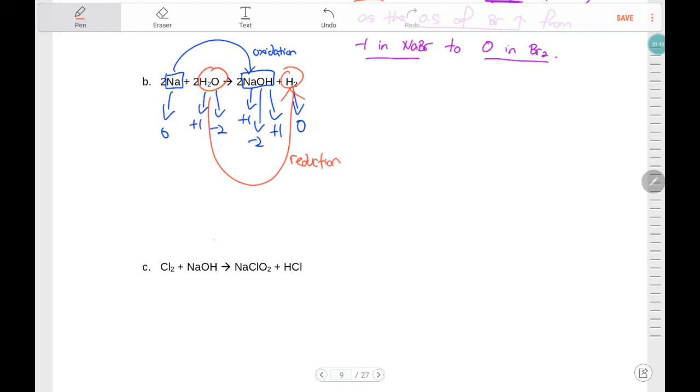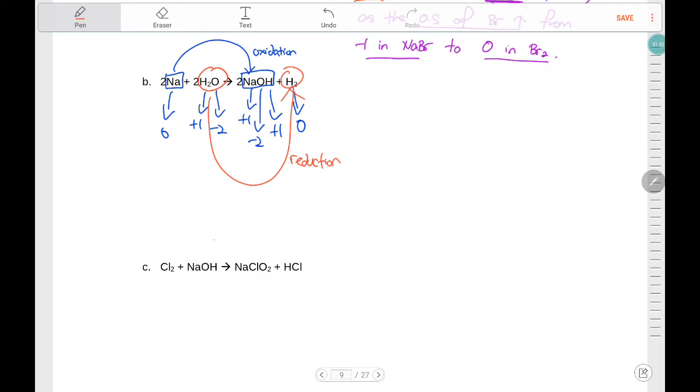So how do I explain? Okay, I will not write this down. I will just verbally give the answer. So check your answer. Na has been oxidized into NaOH as the oxidation state of Na increased from 0 in Na to +1 in NaOH.